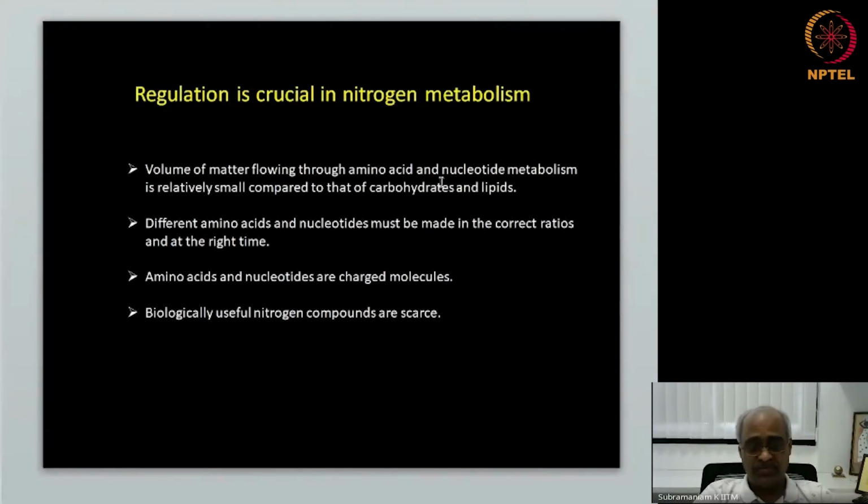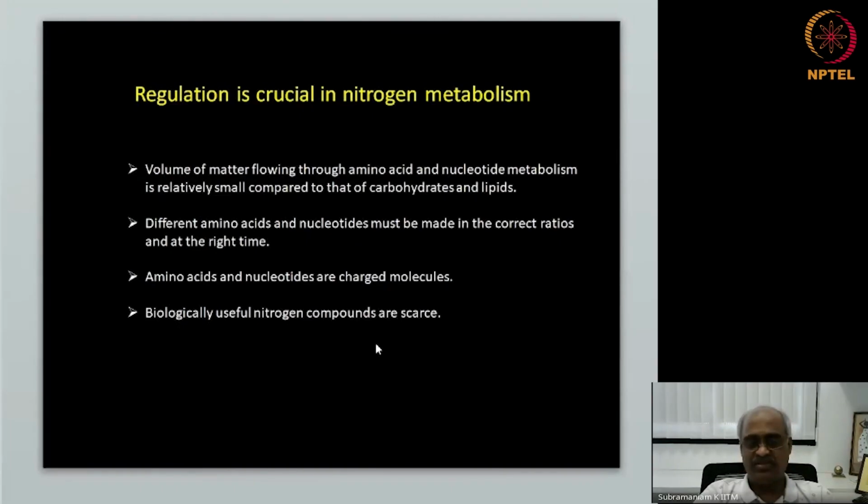Because the flow is very less, you need to regulate the appropriate things at the appropriate time. Similarly, correct ratios are important, and it is all or none, and therefore again it has to be very tightly regulated to make the right things available at the right time. Then you don't want charge gradients there, and therefore again another reason why it should be regulated.